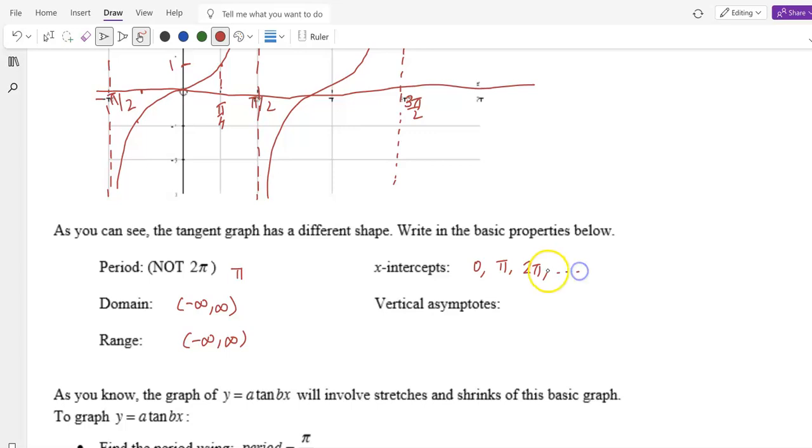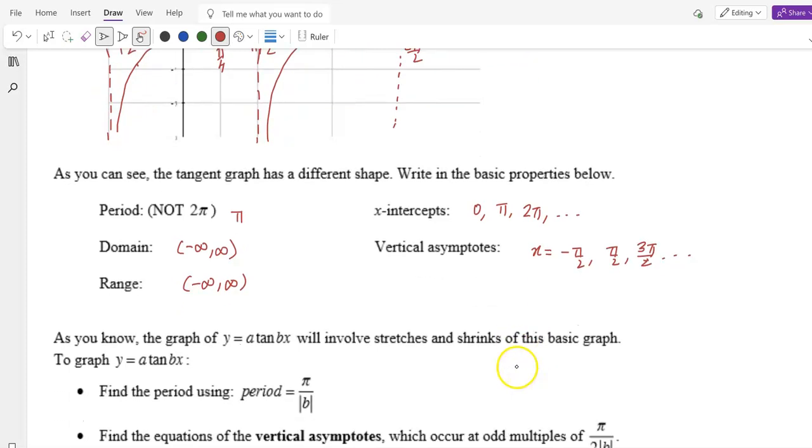All the integer multiples will be there. Vertical asymptotes? x is equal to minus pi upon 2, pi upon 2, 3 pi upon 2, and so on. All the odd multiples of pi by 2.